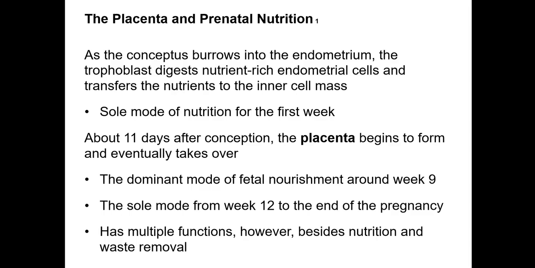After about 11 days, at that point the placenta will begin to form, and eventually it will take over the role of providing nutrition to that developing embryo and fetus. And so this will happen by about week 9. This will be the dominant provider of nutrition for the fetus by around week 9, and by week 12 it will be the only mode of nutrition for that developing fetus.